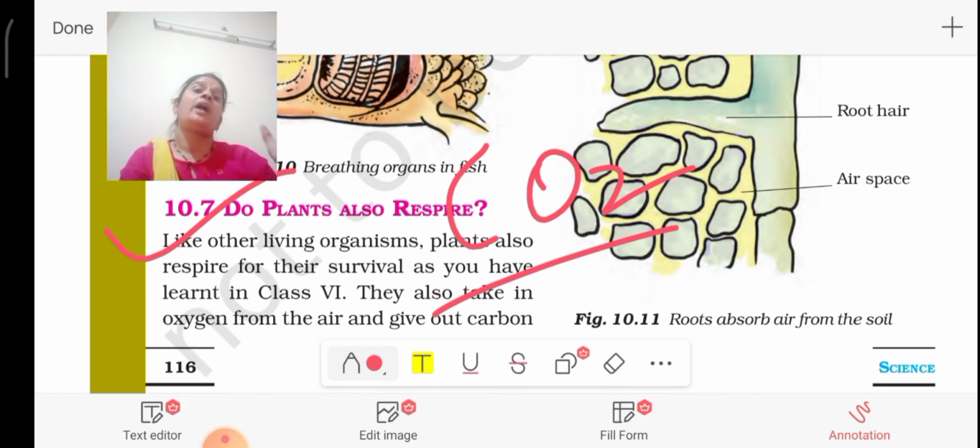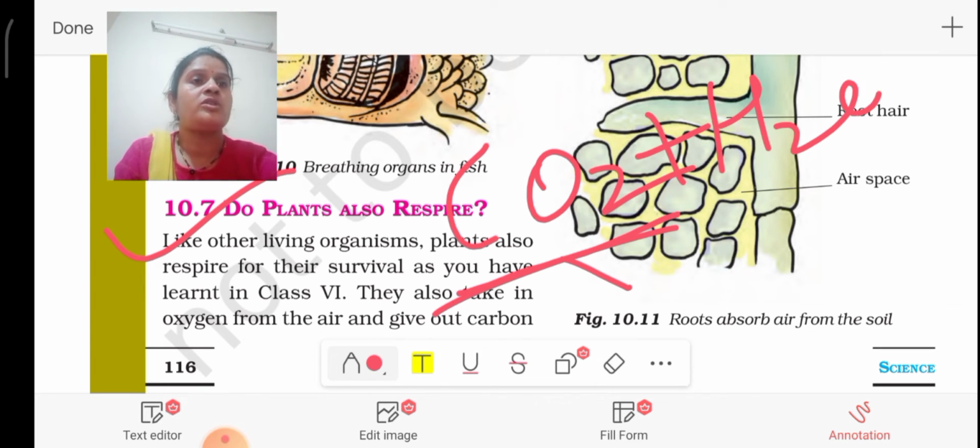And when there is no sunlight at night, what will the plant do? Whatever sunlight and carbon dioxide they used in the daytime, they convert the carbon dioxide plus water, which they absorb from the soil, and make starch, C6H12O6.